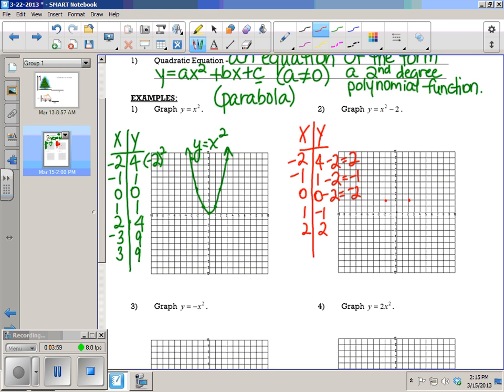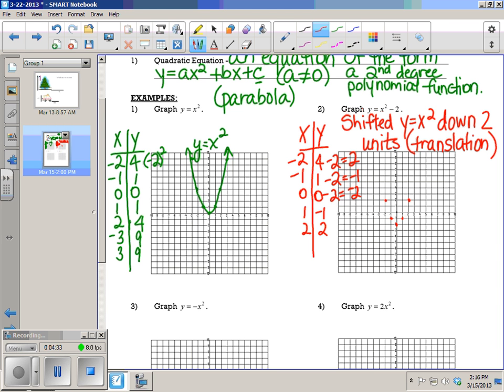So what happens from the green graph in number 1 to the example here in number 2? It looks like we shifted y equals x squared down 2 units. So it's like a slide or a translation, if you remember the vocabulary from transformations, which you have done in the past.